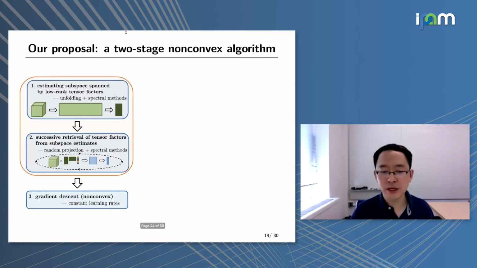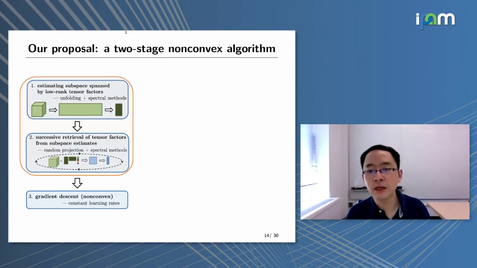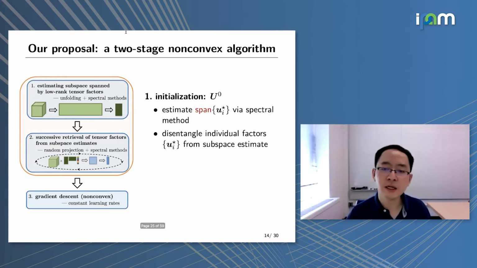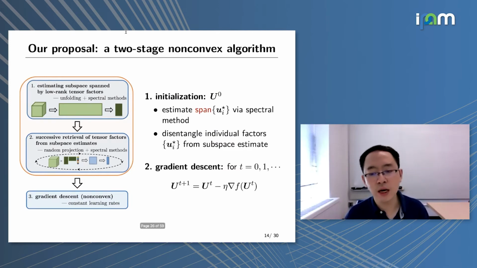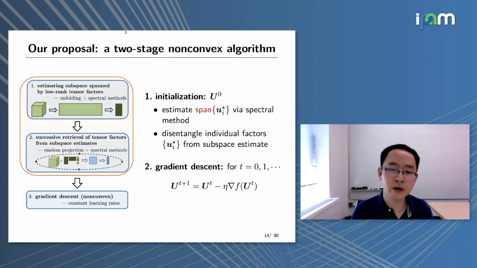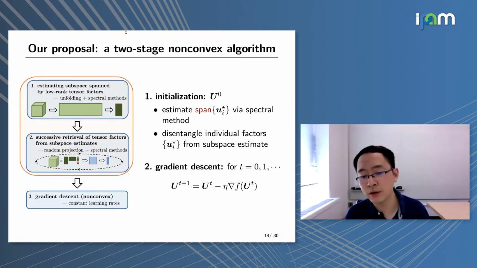So we propose an algorithm in our work to address this issue. Basically, the algorithm is also a gradient descent type of algorithm, except that we use a much more clever initialization rather than just random initialization.